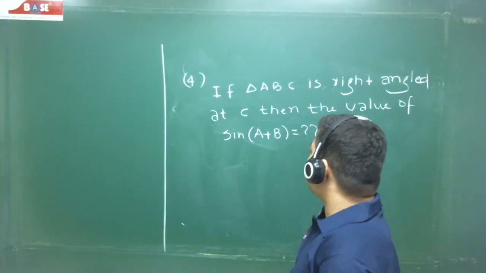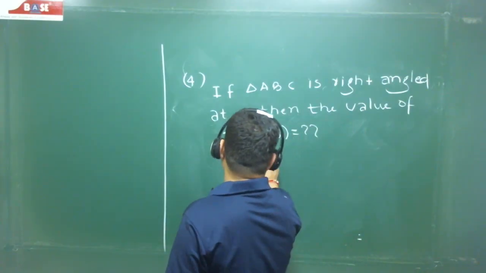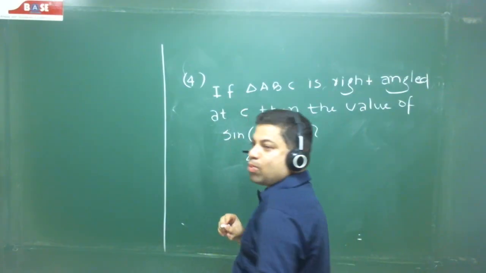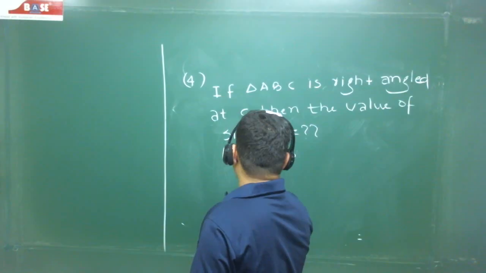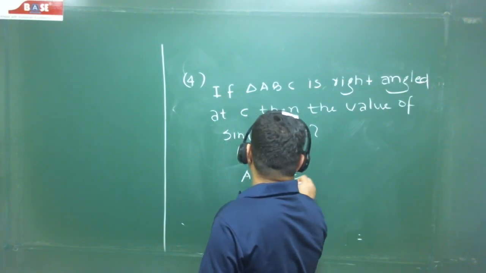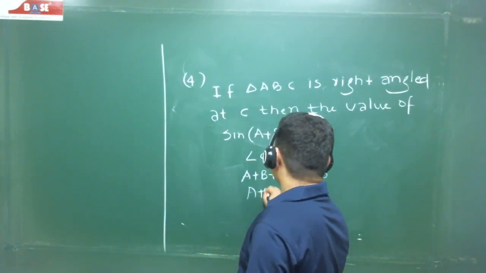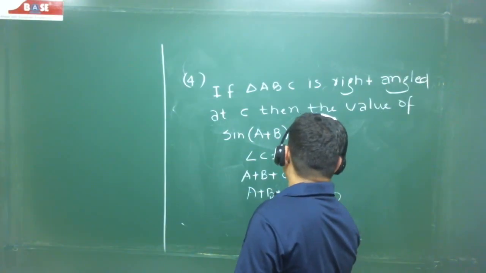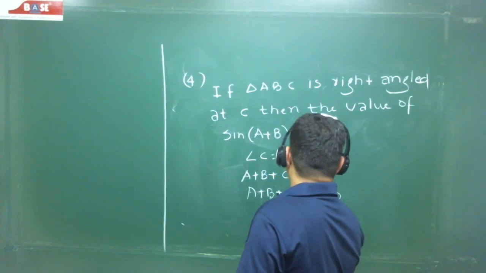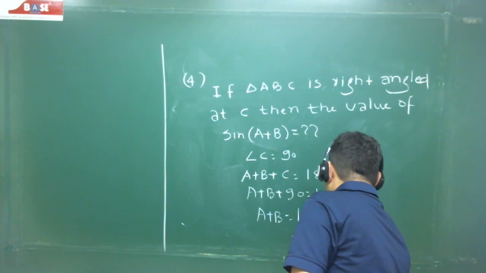Now see, since ABC is a triangle, and they have given a right angle at C, can we claim angle C will be 90 degrees, right? Now we know A plus B plus C should be how much? 180, right? C is 90, so A plus B will be 180 minus 90, which is 90, right?